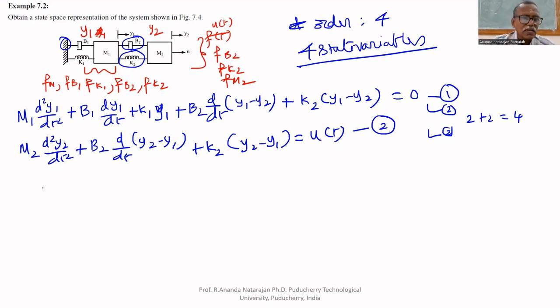First, let us assign x1 equal to y1. X1 dot equal to x2, that is equal to y1 dot.